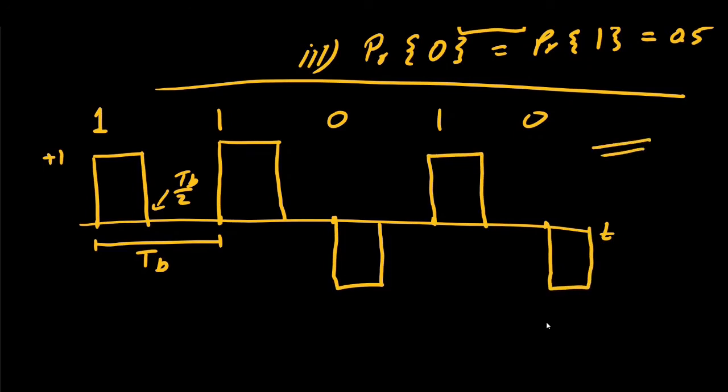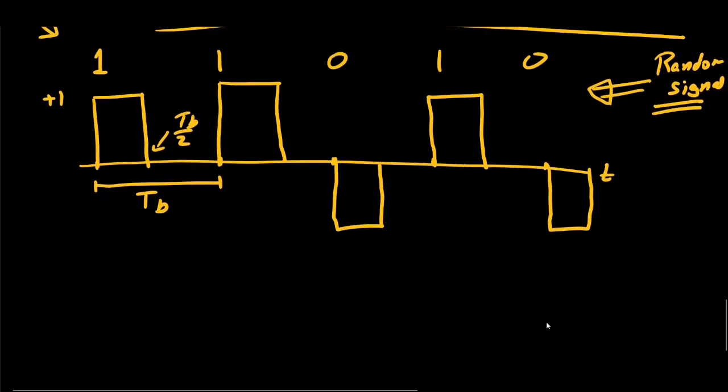Now since this is a random signal, we cannot take the Fourier transform, so we have to move towards autocorrelation of this signal.